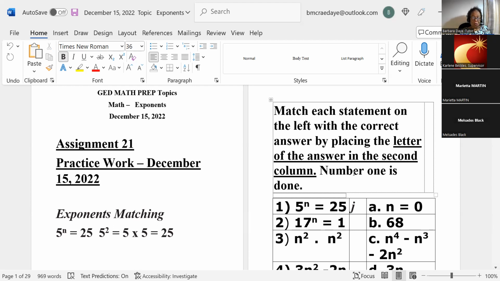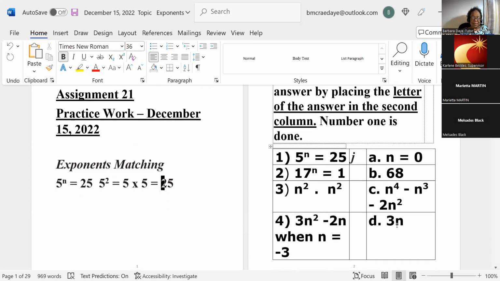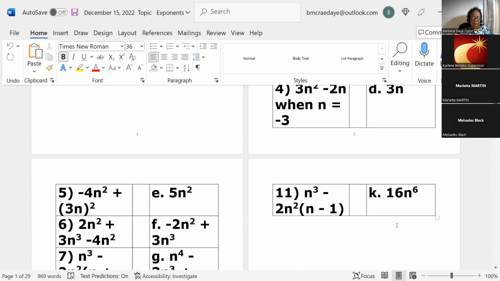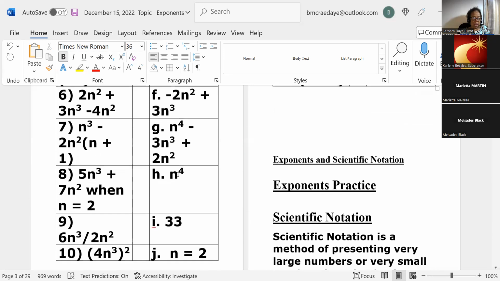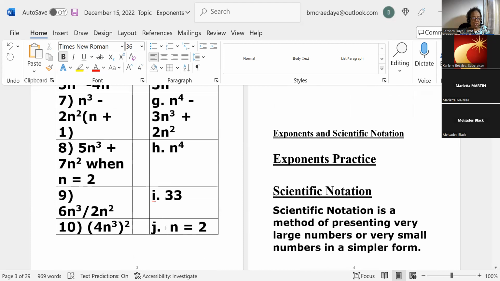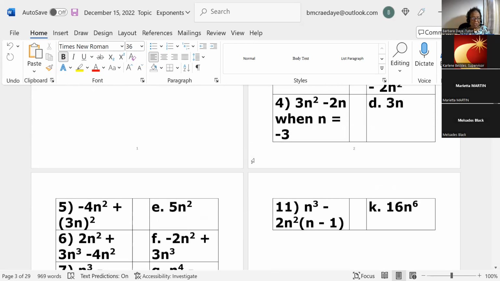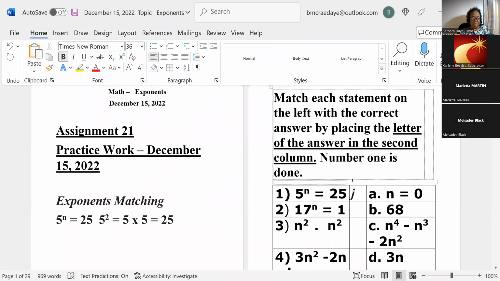So when we look over here at A, B, C, D, E, F, G, H, I, and there's J, n is equal to 2. So that's why the answer when we match is J, because n is equal to 2.